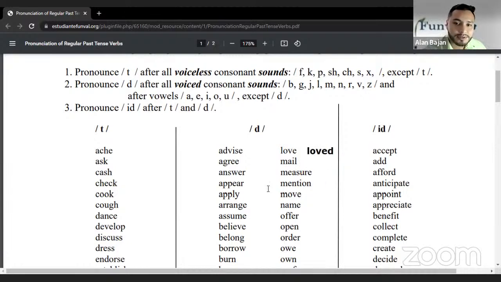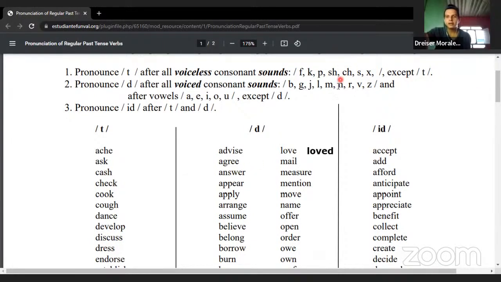I love it so much. My boyfriend, teacher, but he went to the mission. No, you didn't love him. You loved him, right? What about mail? Pronounce it, mail. What is that sound? L. L, right?